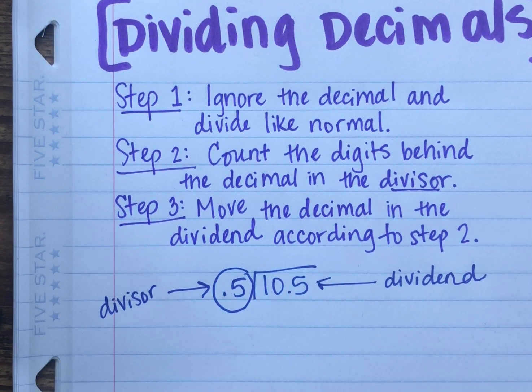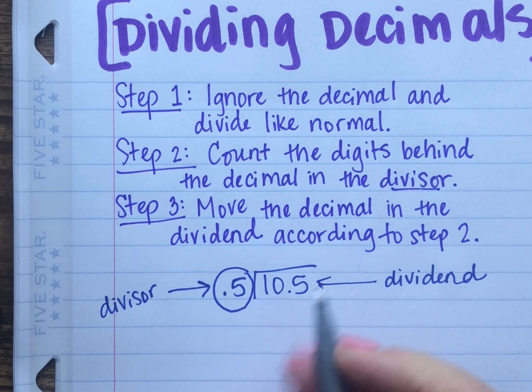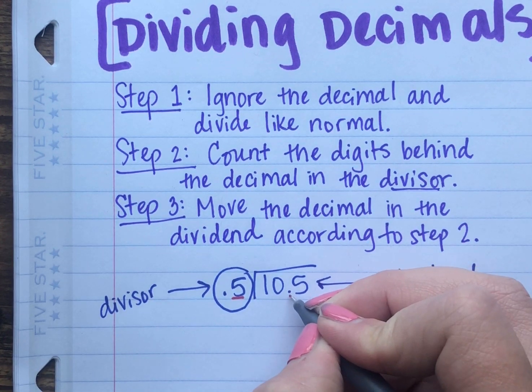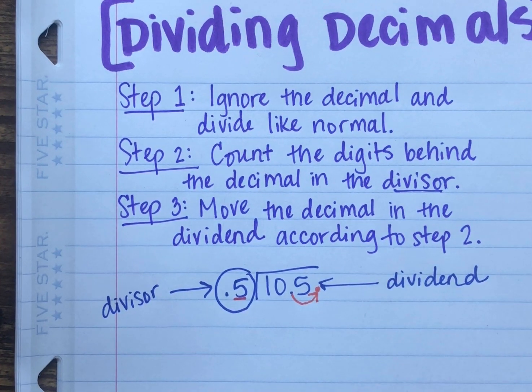So in this case, we would count the number of digits behind the decimal in the divisor, which would be 1, and we would move that amount in the dividend, which would be 1. So count in the divisor, move in the dividend. Sometimes people say count on the outside, move on the inside.